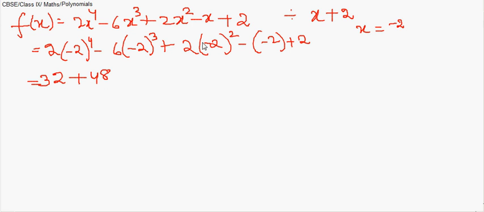Minus 2 squared is 4, 4 into 2 is 8. Then plus 2 plus 2. So this will give us a big remainder. Adding up, 50 and 10 is 60, 70, 80, 90. 92 is the remainder.